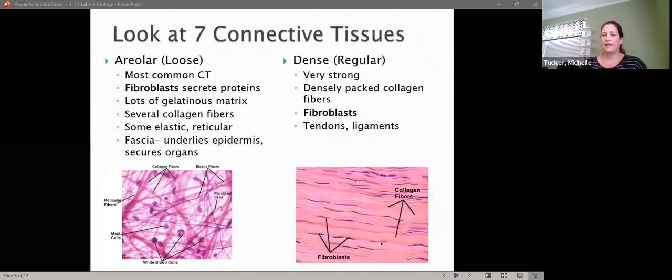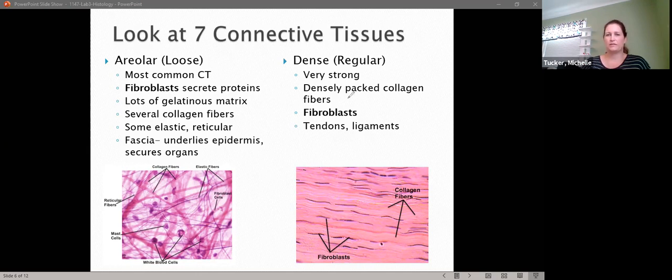But because they pack so densely, they have a very low level of vascularization, which is why tendons and ligaments heal so slowly, because there's very little blood supply to a tendon. But this tight packing gives them incredible strength, and they're resistant to high changes in temperature and pH. They're a structural element.